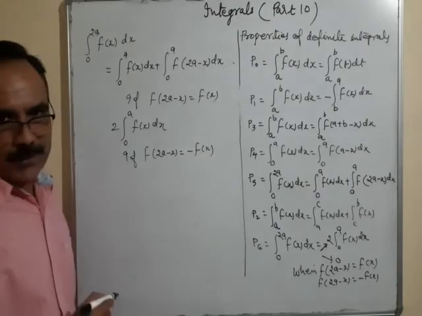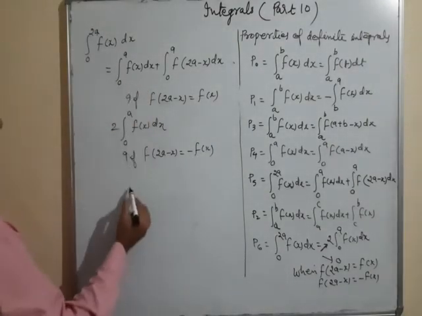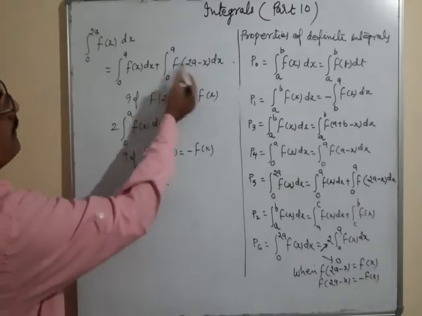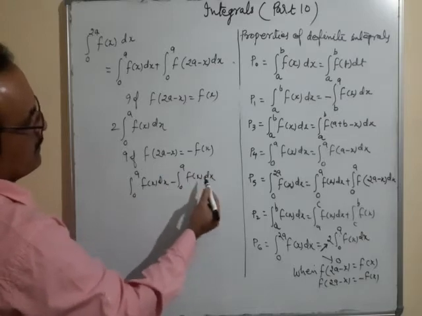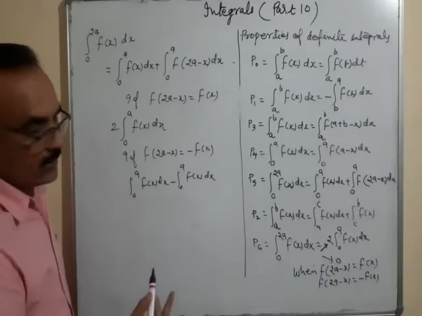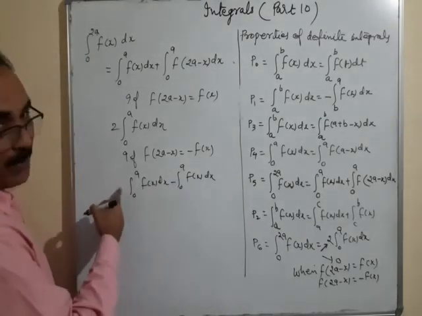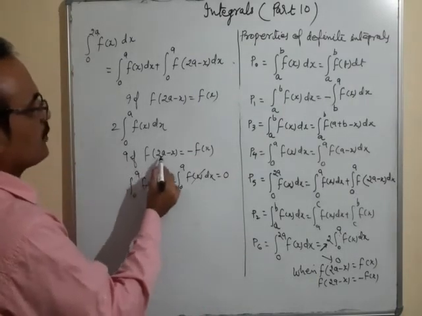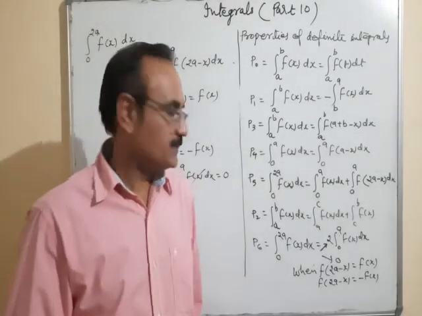Two conditions are possible. So if the minus sign comes here, then what happens? It is the integral from 0 to a of f(x) dx and minus the integral from 0 to a of f(x) dx. Both the terms are same, only the sign is minus here and plus there. They will cancel. The result is 0. So if f(2a minus x) is equal to minus f(x), then the result is 0.